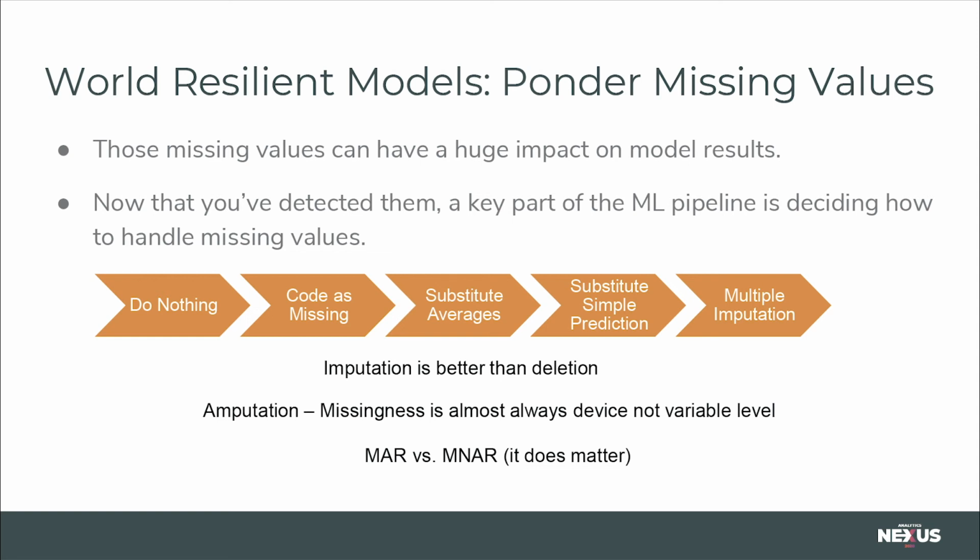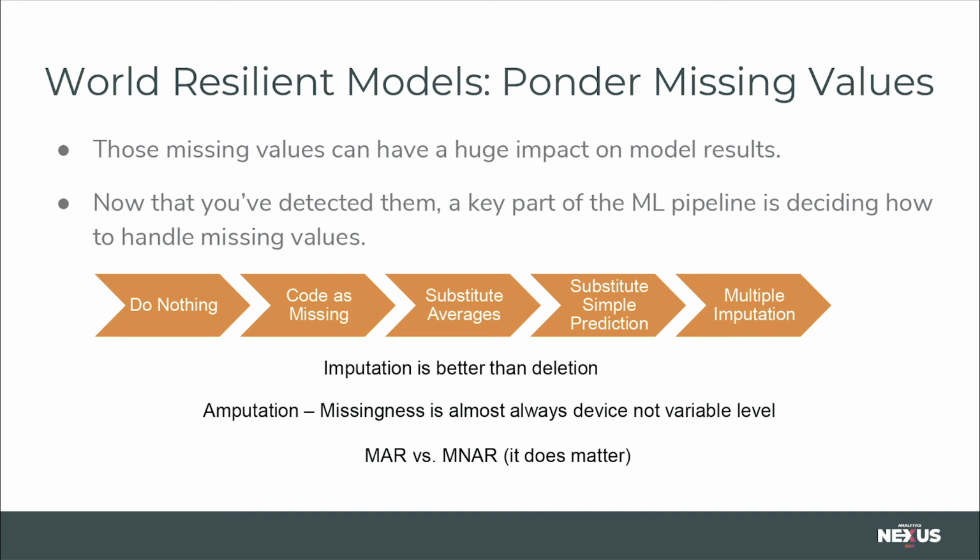That's really important because if you are simulating missing values in a training set and what you're doing is just turning off one value at a time, you may not capture the kind of missingness that often happens in the real IoT world, which is the device goes down and all the signals from that device are missing. That's why I say amputation. When you think about amputation, don't think about it at a single variable level. Think about it as it commonly is at a device level.